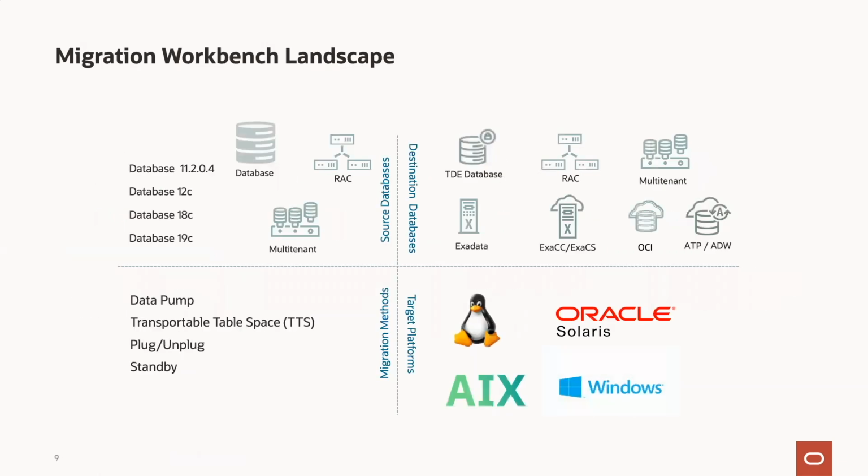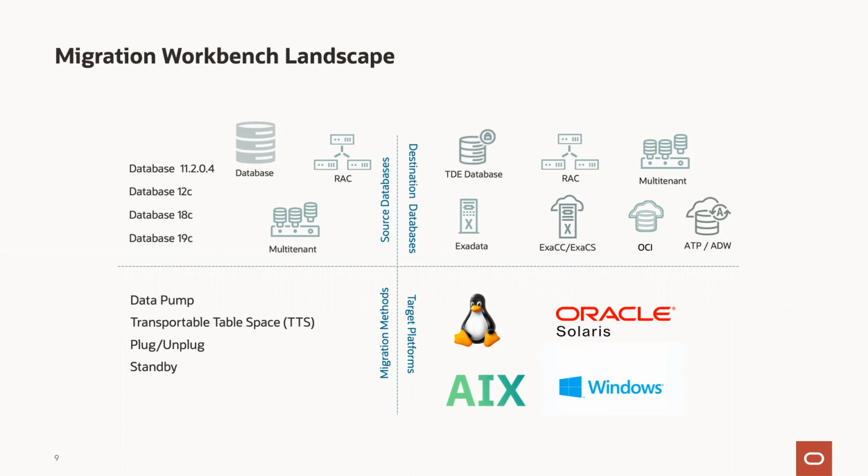With this tool, you can migrate databases from 11.2.0.4 onwards, be it single instance, RAC, or multitenant. You can migrate to various destinations: on-premises to on-premises, commodity hardware to Exadata engineered systems, to Exadata Cloud at Customer, to Exadata Cloud Service, and to Autonomous Databases.